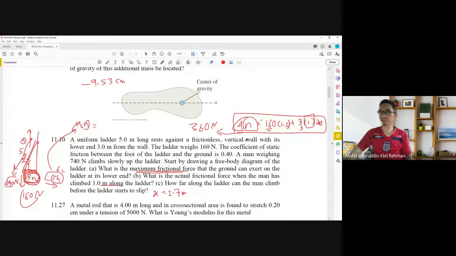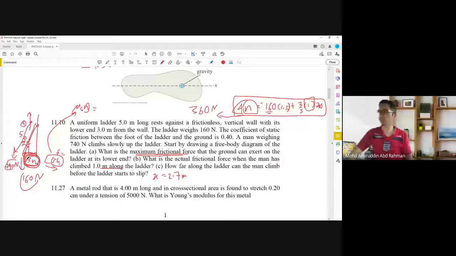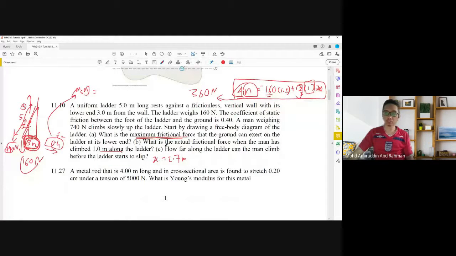So that's why we need to account for that 3/5 over here, and then at the middle over there, it is half of the point. So you take 150. So that's for 11.10.